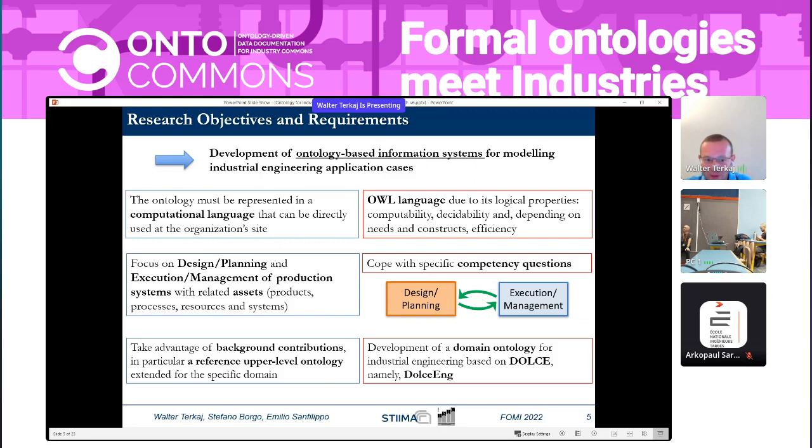That is very important, and sometimes in some applications we are more focused on just one of the two sides. And then, of course, since we are scientists, we cannot build anything without taking into account the background contributions.